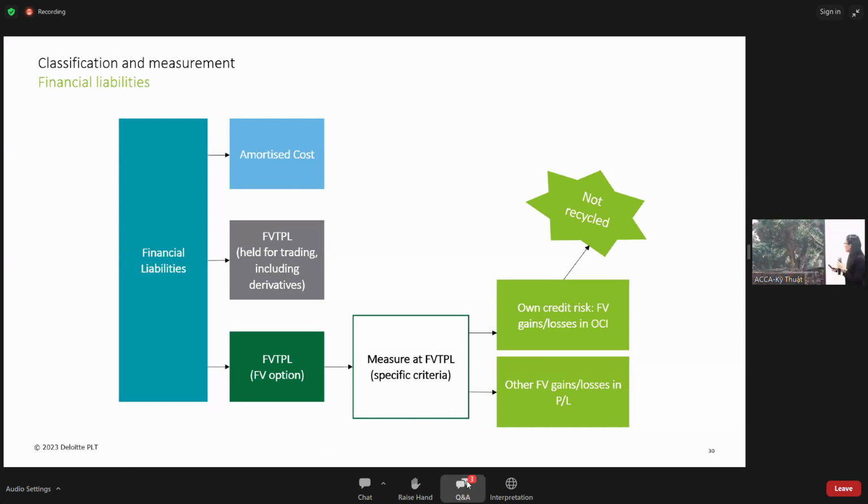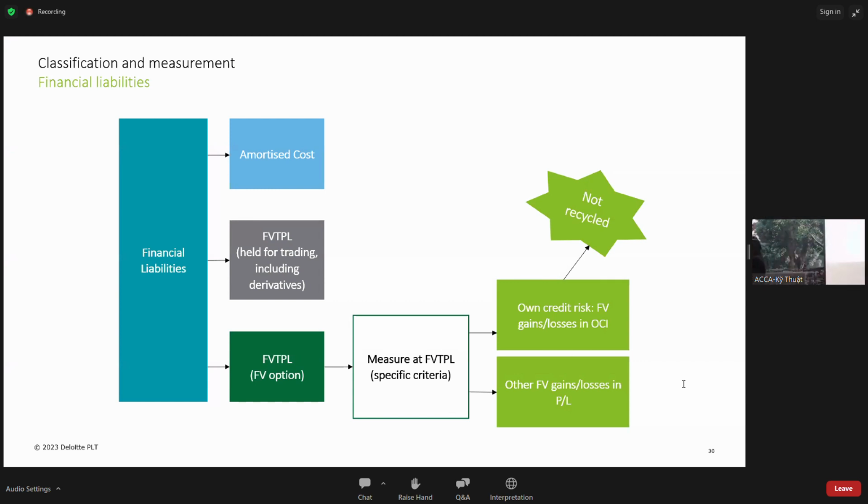Okay, liability, I only have one slide because liability is a bit more straightforward. Okay, now for financial liability, there's only two ways to go about it. Amortized cost for all other financial liabilities, or fair value to P&L, specifically for held for trading, including derivatives.